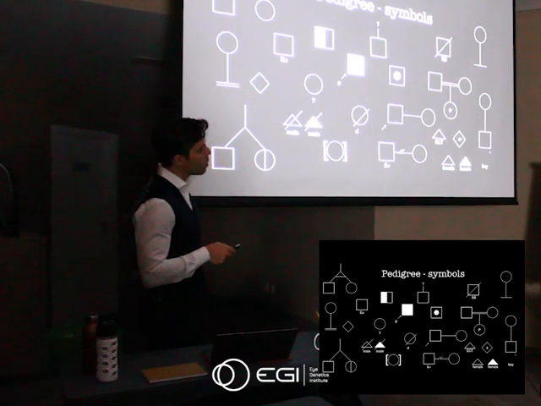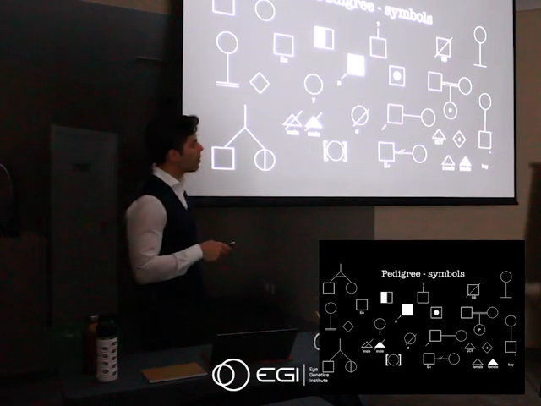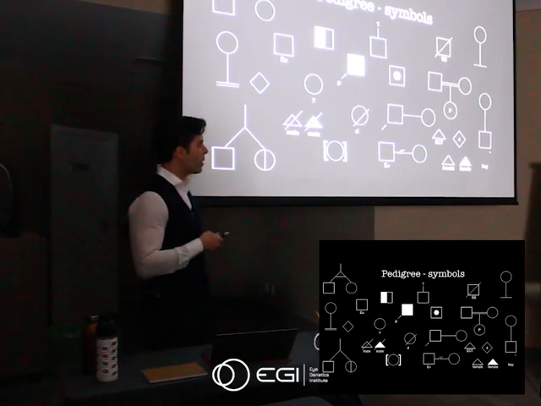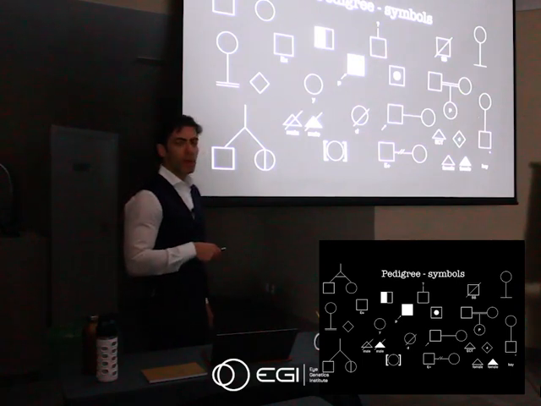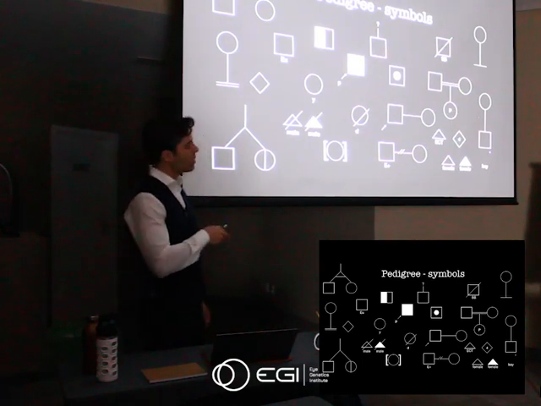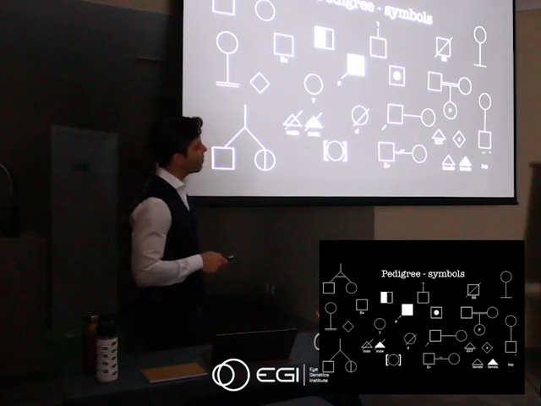When we have a number inside a symbol, it can be a diamond, a square, or a circle. The number means how many people we are talking about in the pedigree. So for example here, it just means that I'm talking about 4 individuals, and I'm not saying if it's a male or a female.